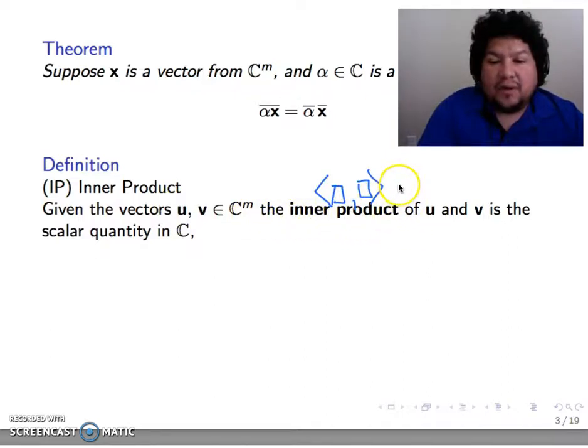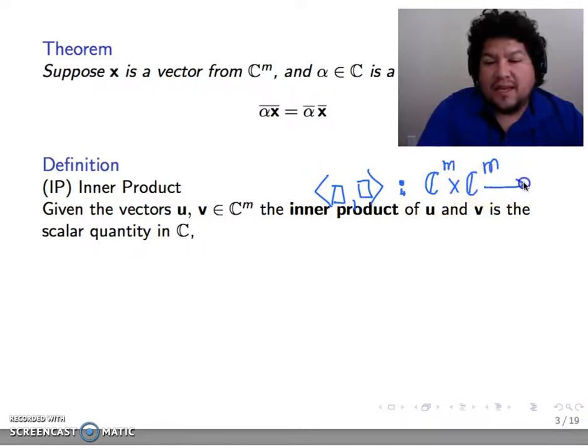As an operator, it takes two arguments in C^m, so we say C^m cross C^m, and we write an arrow, and this gets mapped into C^1. It means two column vectors with complex entries go into the inner product, and a complex number comes out of that inner product.